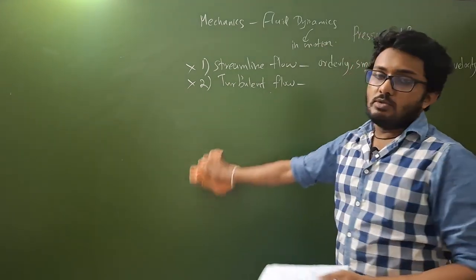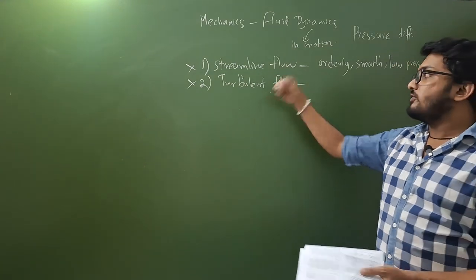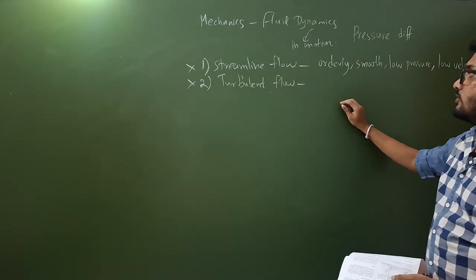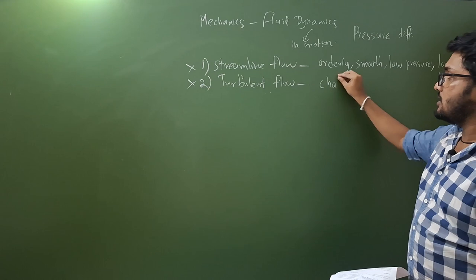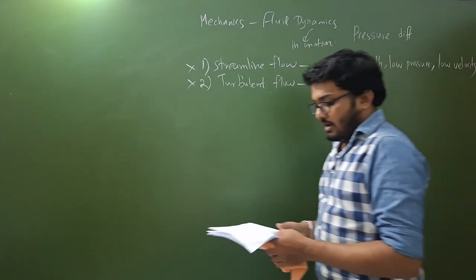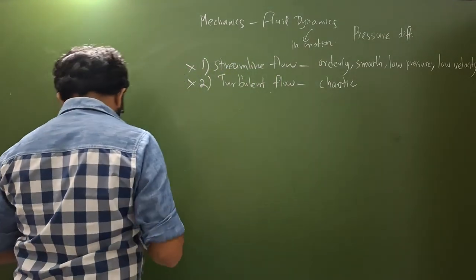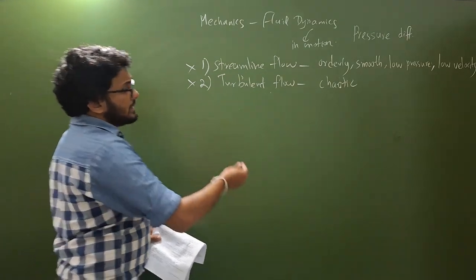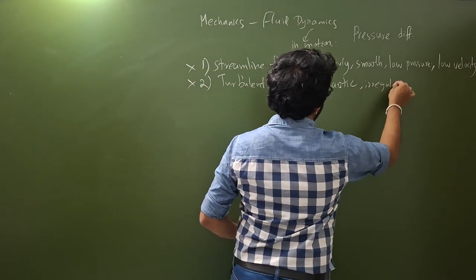Then we have turbulent flow. I told you that turbulent is the opposite of streamline flow. That means this is not an orderly flow, not smooth. So this is kind of a chaotic flow, not smooth, and also irregular.